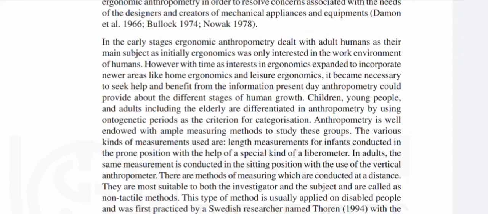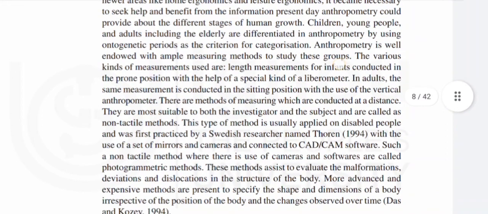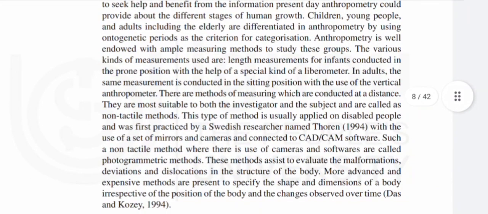They are most suitable to both the investigator and the subject and are called non-tactile methods. This type of method is usually applied on disabled people and was first practiced by the Swedish researcher Thoren, 1994, with the use of a set of mirrors and cameras connected to CAD or CAM software.